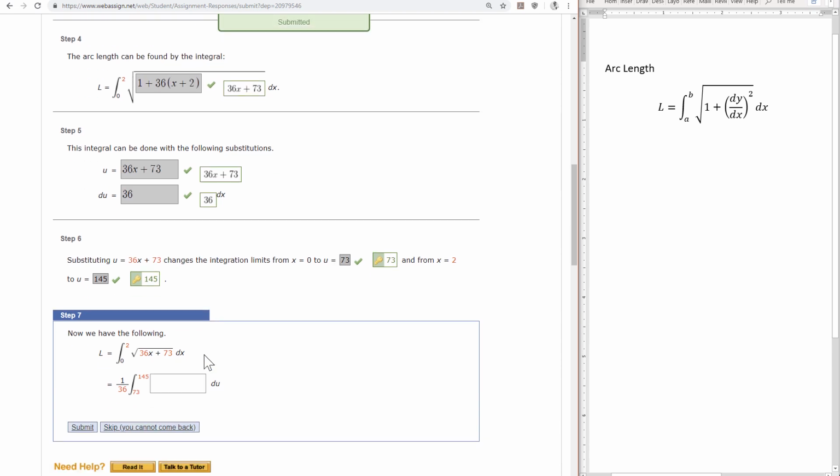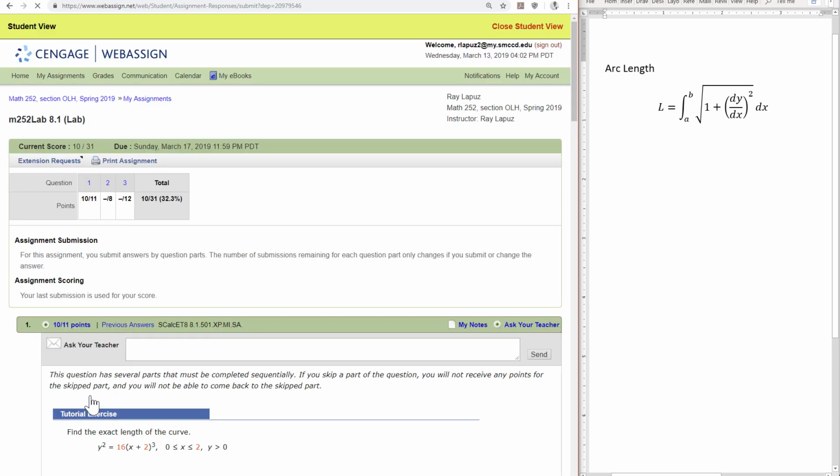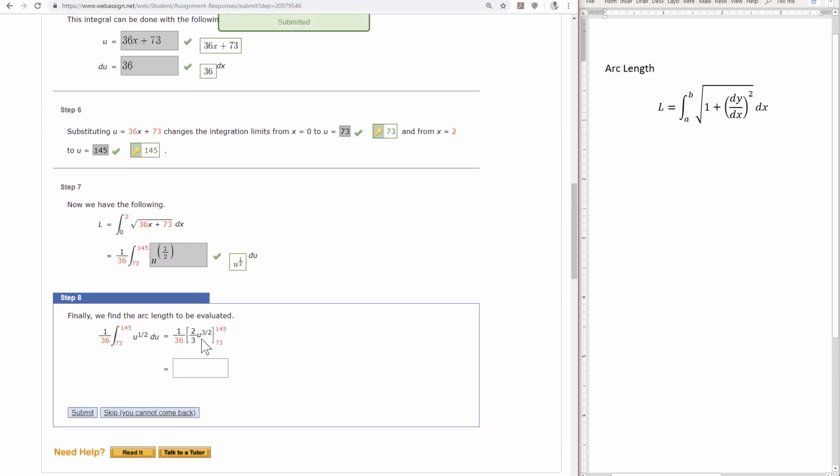So now we have new limits. This is just going to be u to the 1/2, or square root of u. And that makes a fairly easy integral. So the integral of that is u to the 3/2 divided by 3/2, or times 2/3. And then we put in values for u, since we changed the limits already in terms of u.